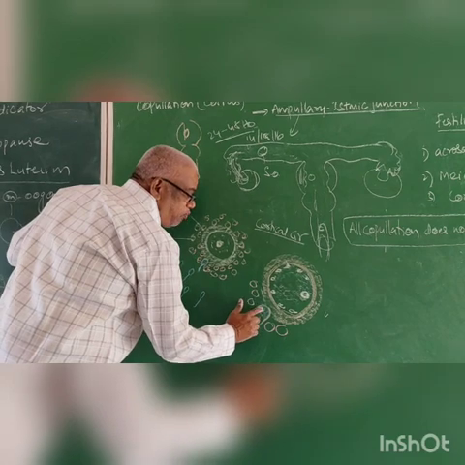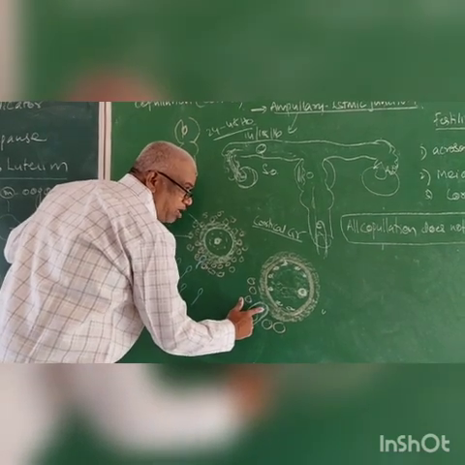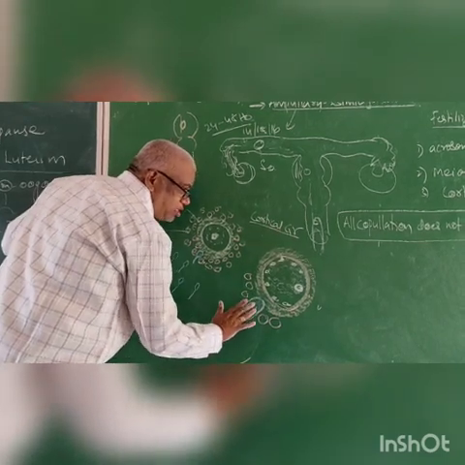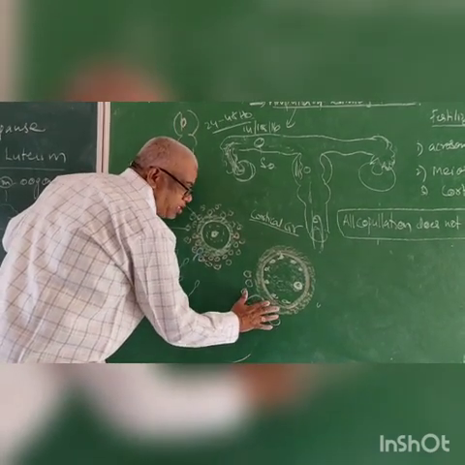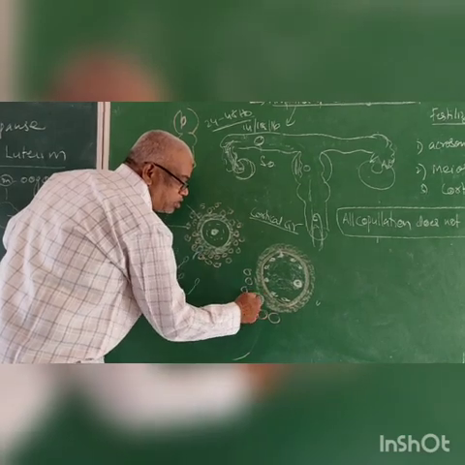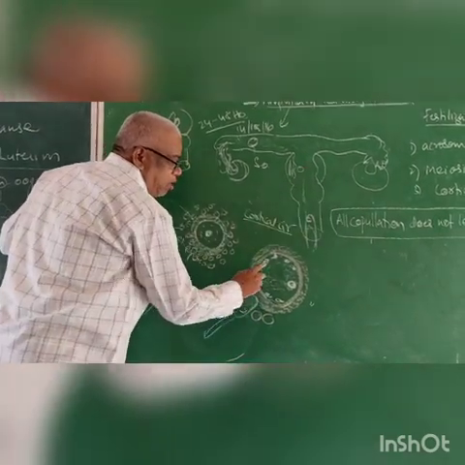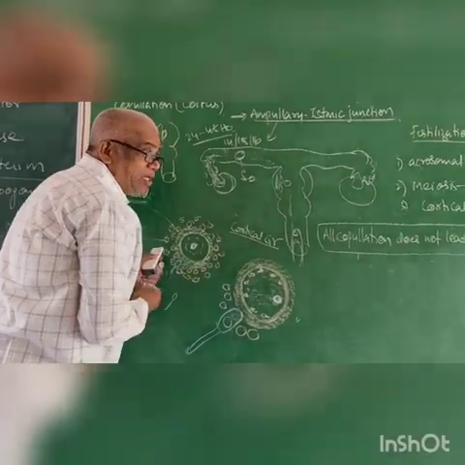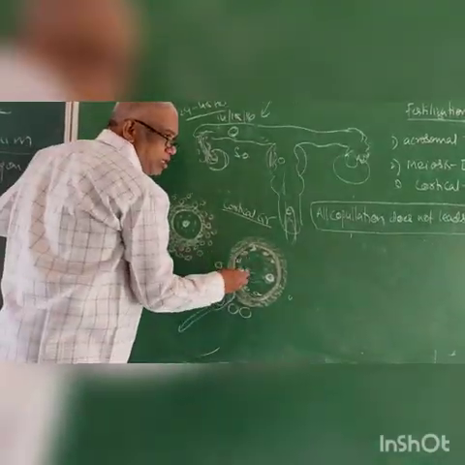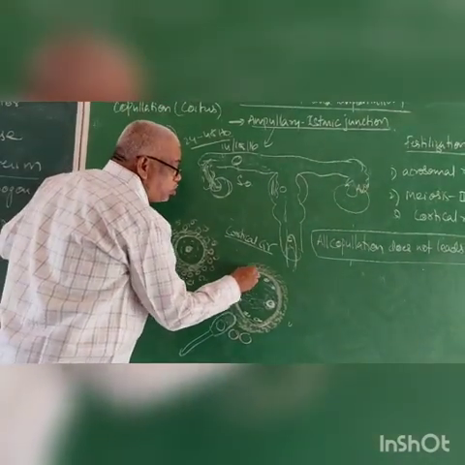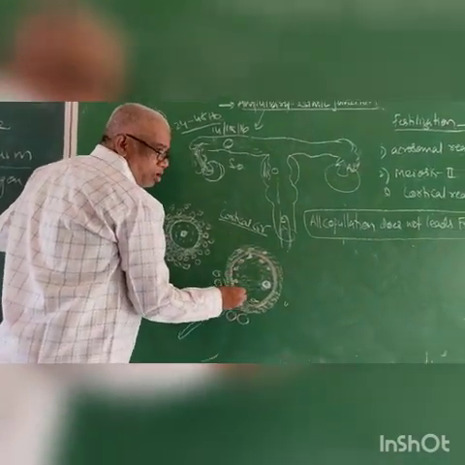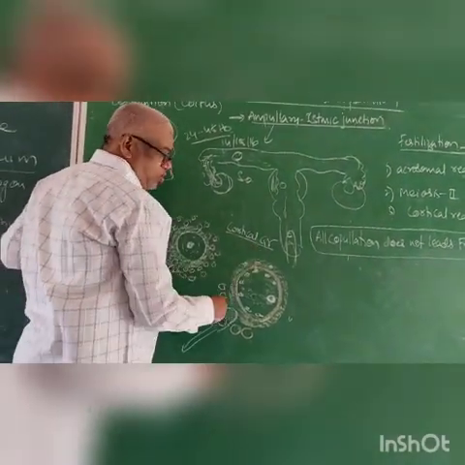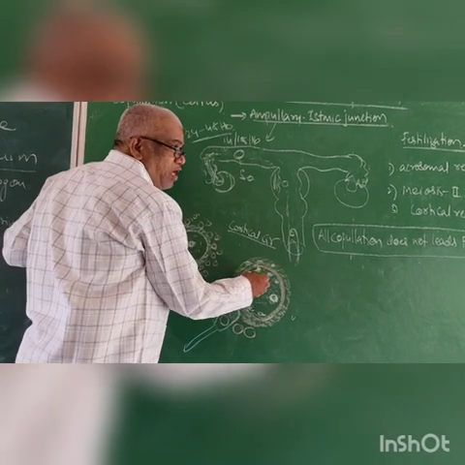Three steps I need. When the first sperm touches the zona pellucida, it will undergo the acrosomal reaction and meiosis 2. Now what is this? Cortical granules. After or during meiosis, where are the cortical granules present?